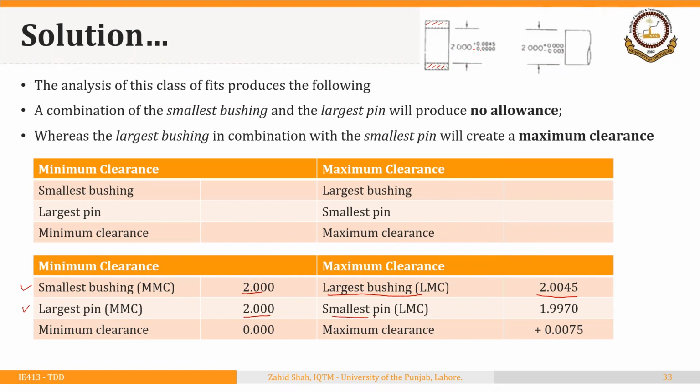And the smallest pin that we can make will be equal to its lower limit, so that will be 2 minus 0.003, equal to 1.997. The difference of the smallest bushing and the largest pin will give us the minimum clearance, so that is 0. And the difference of the largest hole and the smallest pin will give us the maximum clearance. And we can verify the results from the table.